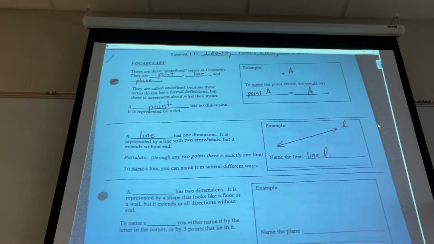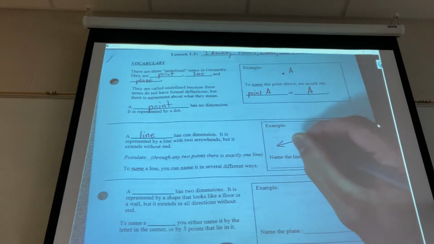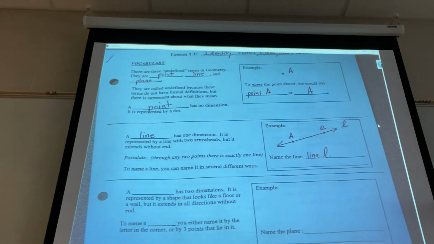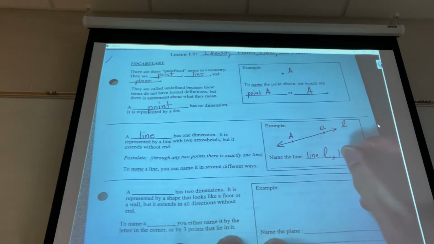But what's more useful, in my opinion, is you know that a line has to have at least how many points? 2. So what you'll often have is at least 2 points on a line that are named. And so now you can name this line a few different ways. You can say, well, this is line AB.